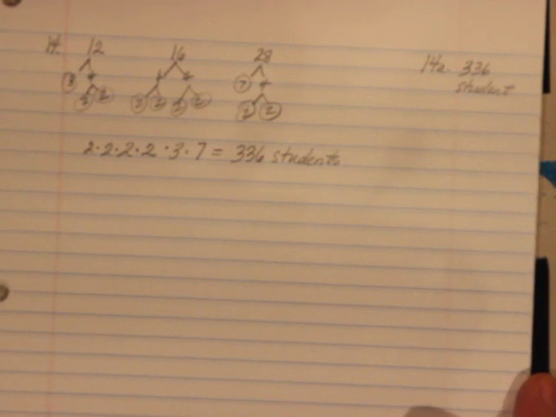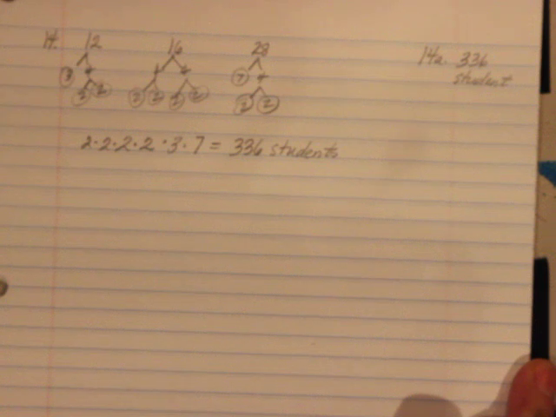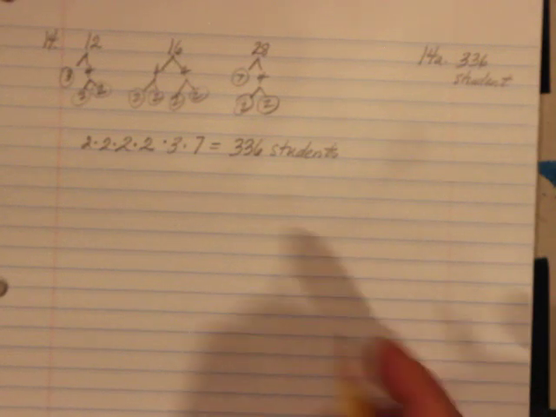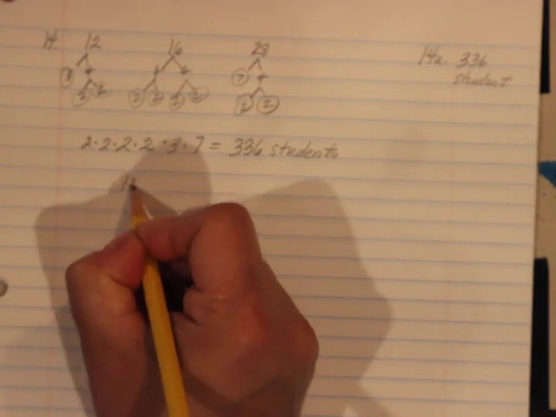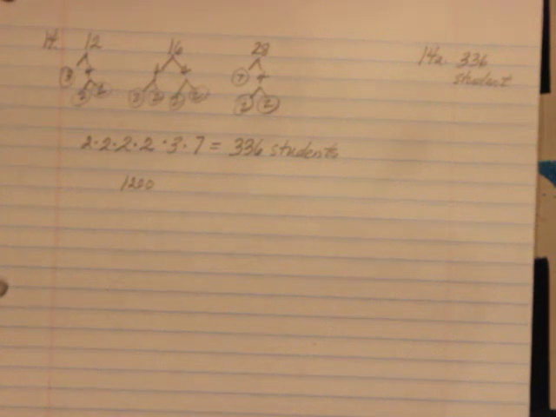And now let's do the work for letter B. If 1,200 students are polled, how many like red, white, and blue? So if I've got 1,200 total students, and I know that every 336 like red, white, and blue, right?